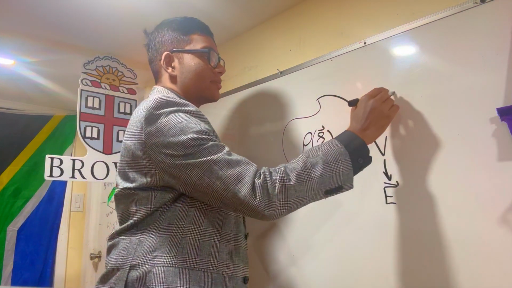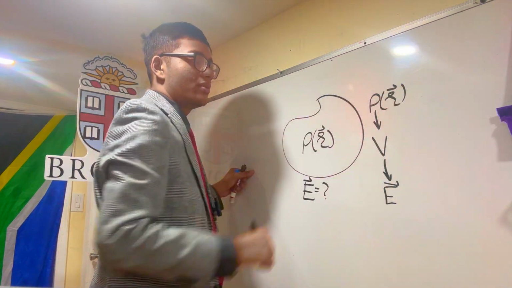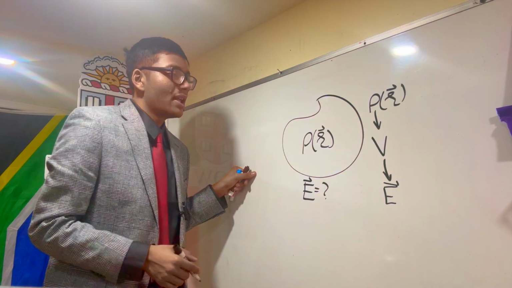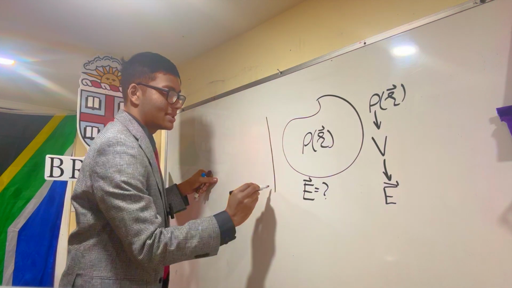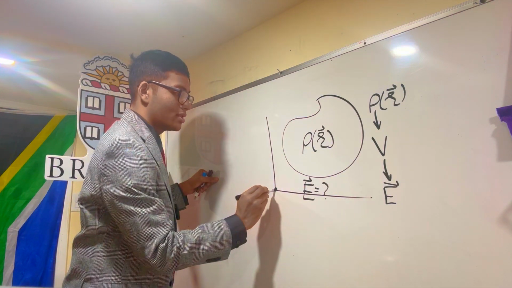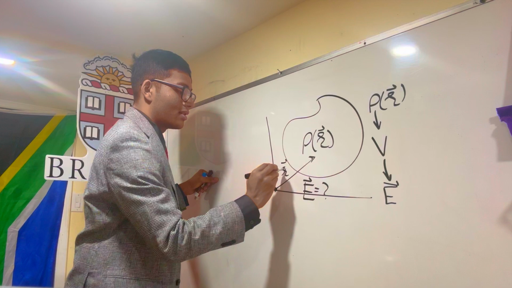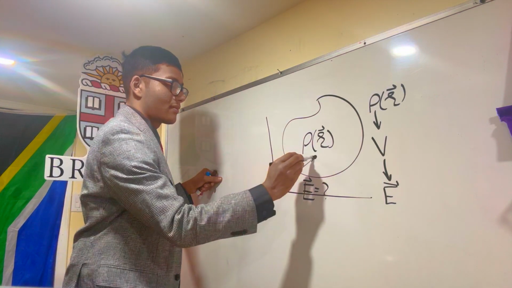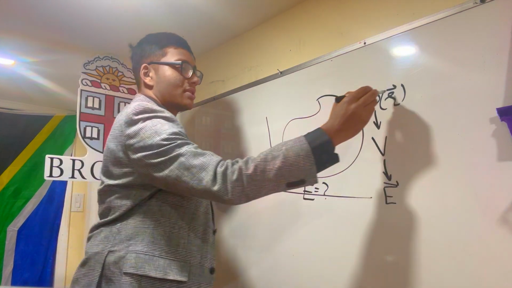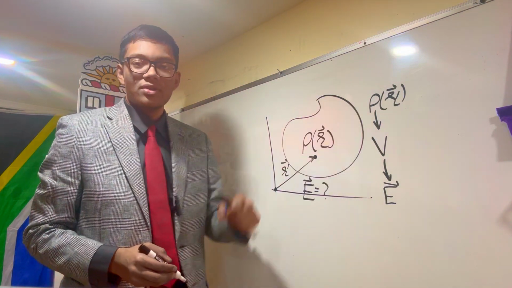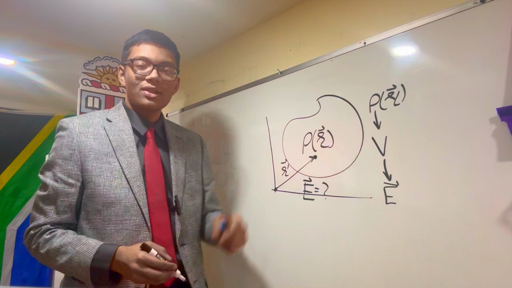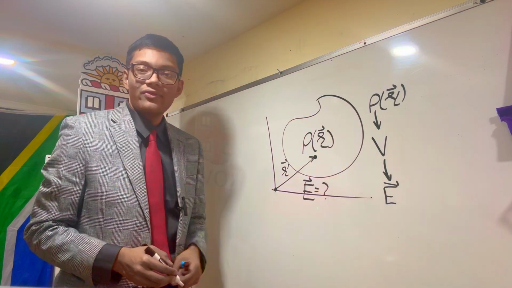Well, if you have some charge distribution given by rho of r prime, then rho of r. By the way, r is the distance away from the origin. So for example, this is the r vector, or r prime rather. So this should really be r prime. If you're given some charge distribution, rho of r prime, how can you find the electric potential and then the electric field?